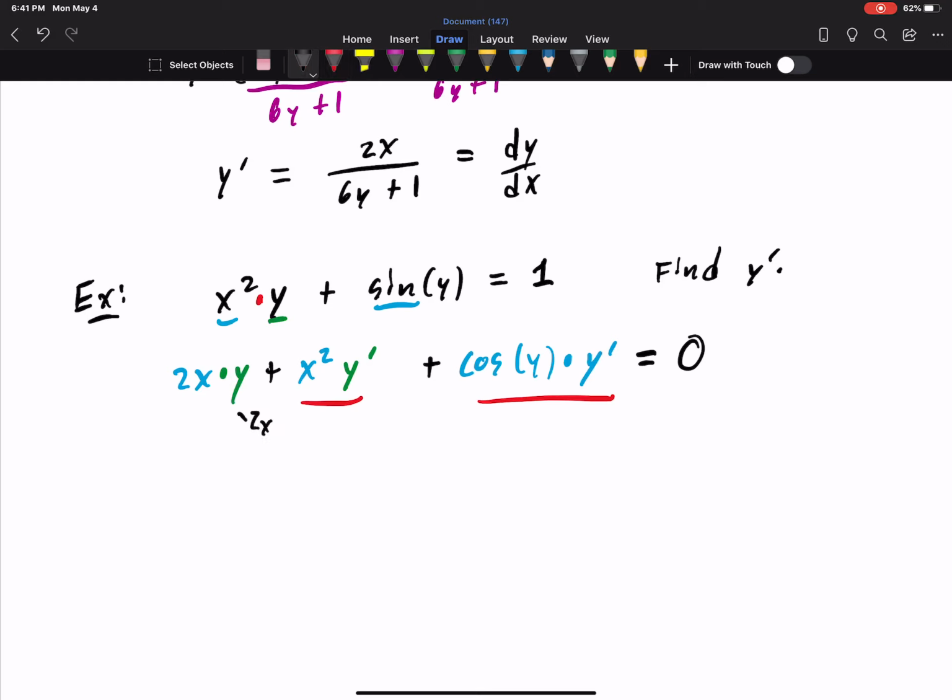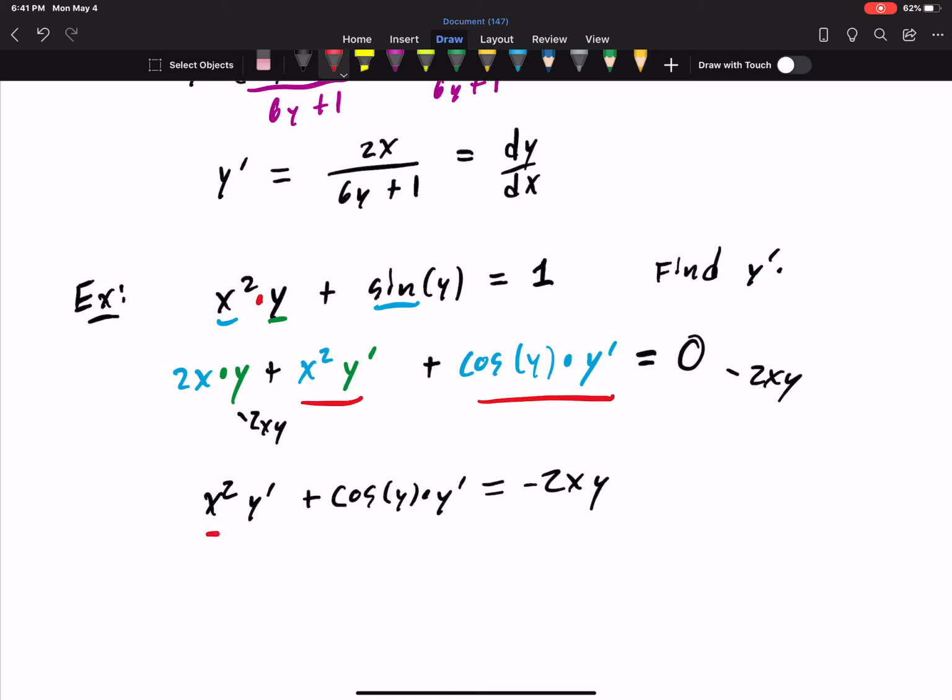This gives me x squared y prime plus cosine of y times y prime is equal to minus 2xy. You try to get all of your y prime stuff on the same side.